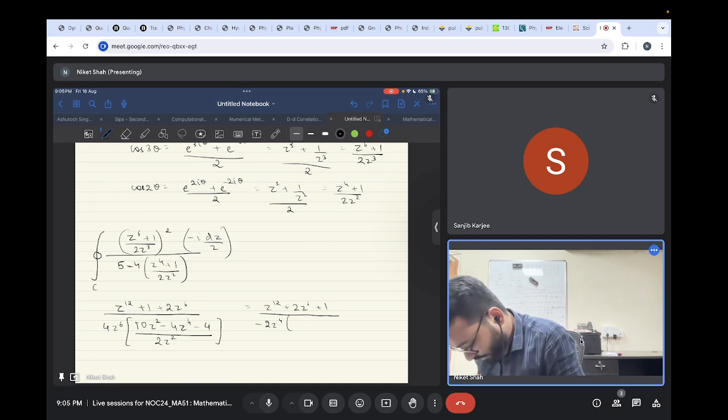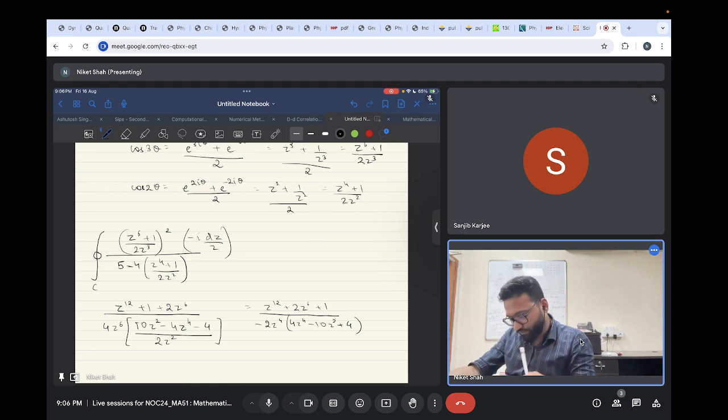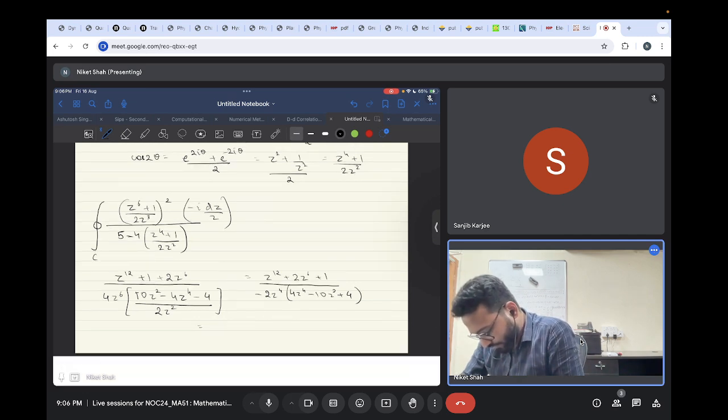What is this? z^4. 2z^4, sorry, 4z^4, minus 10z^2 plus 4. 8 2s are 16, yes, so z^12.